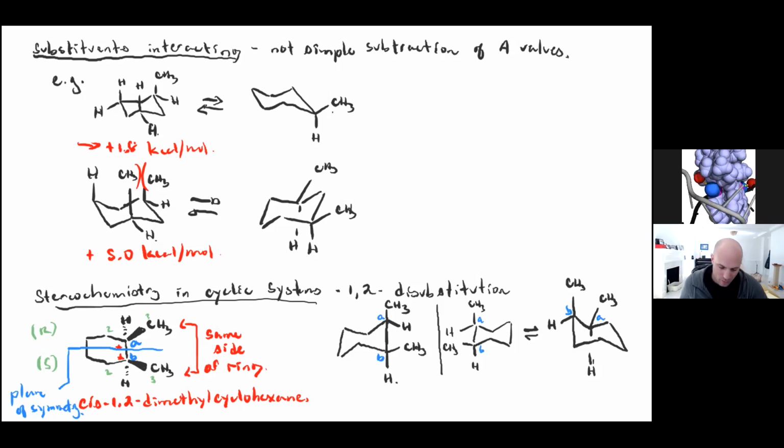And so what I want you to see, hopefully you can see this, is that if I take this conformer on the right and rotate it around, okay, I can actually overlay position B with position A in the first one and position A with position B in the first one, okay? And so these two molecules, because A and B are equivalent, right? There's nothing else to distinguish them. These are identical.